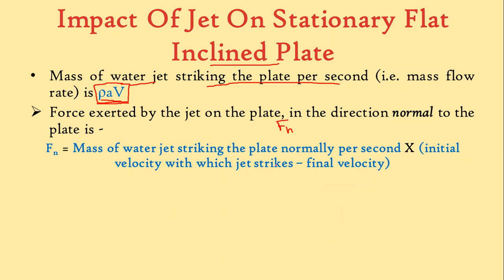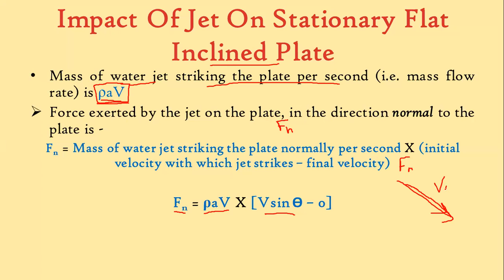So mass of water jet striking the plate normally per second into initial velocity minus final velocity. See, Fn, that is normal force, is equal to mass of water jet, rho AV, into initial velocity. What is the line of action of Fn and of this velocity? It is v sin theta.